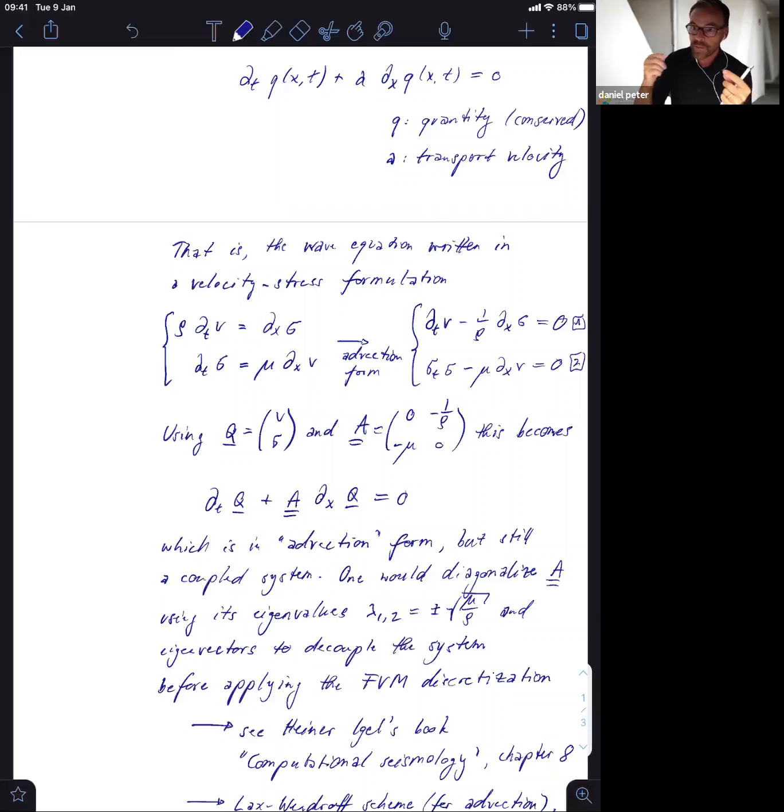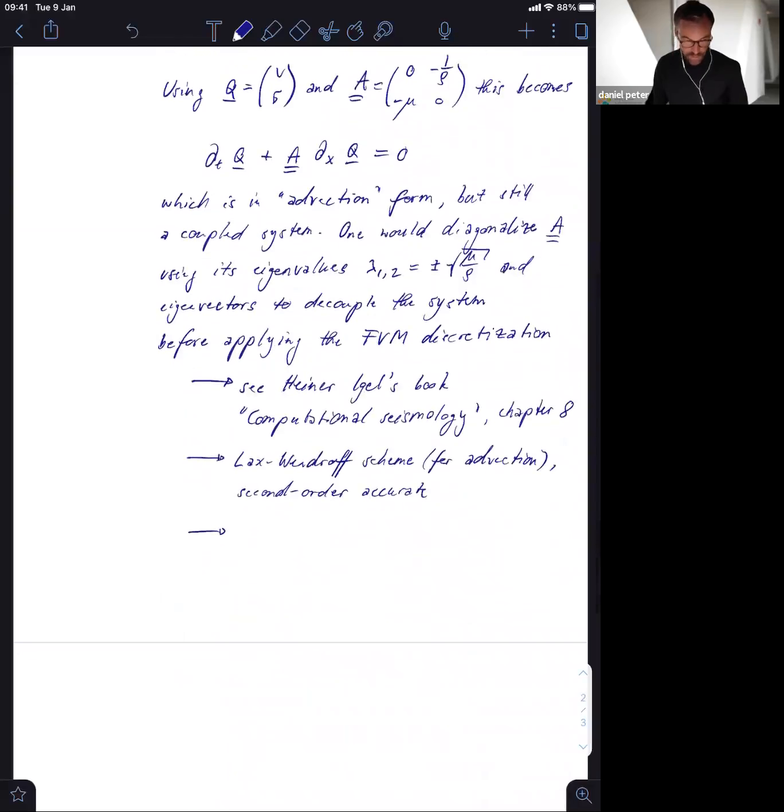It could have a discontinuity that we want to advect. And such discontinuous fields would be solved by looking at the so-called Riemann problem.